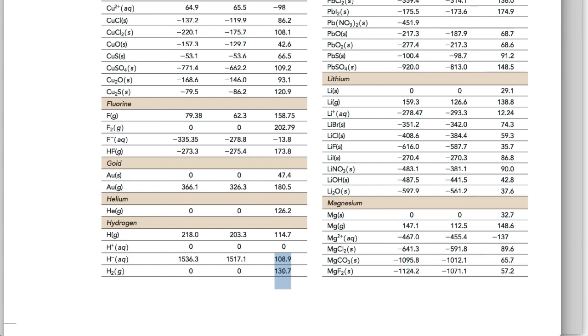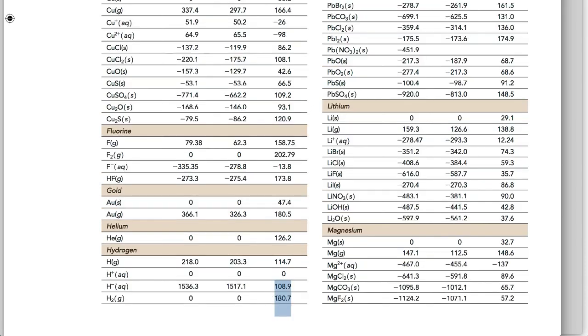Make sure that you're looking at the correct row again. We don't want the row which has H gas. We want H2 gas. Notice that this number is found in the section for hydrogen. Remember again that this table lists the elements in alphabetical order.